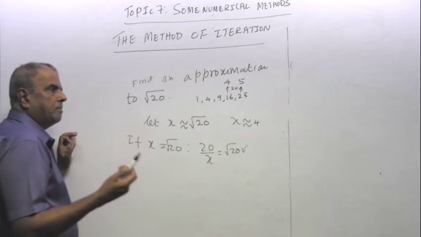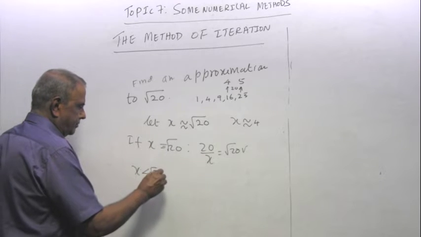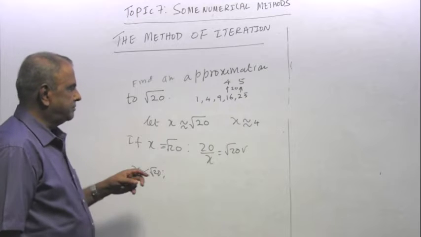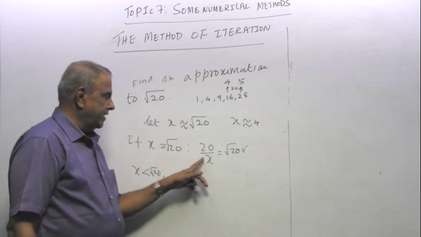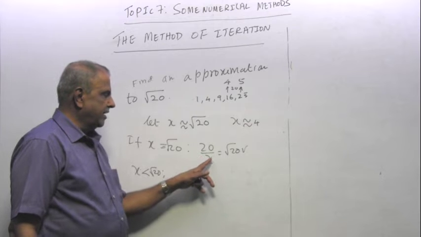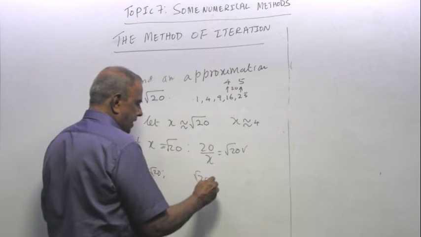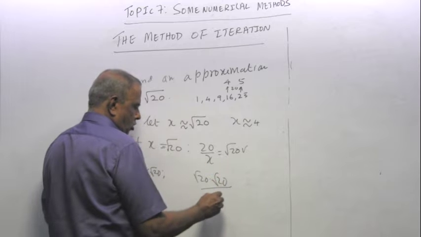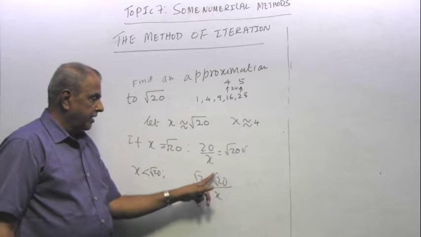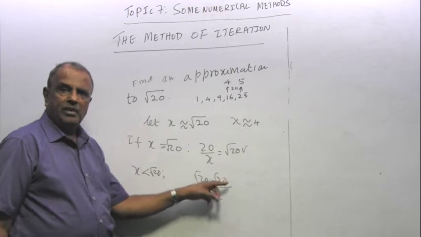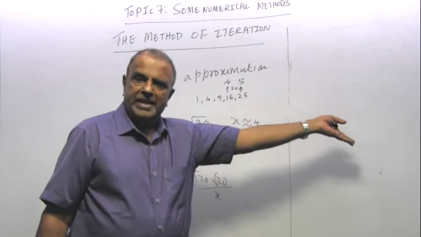If x is less than root 20, then 20 over x is actually root 20 times root 20 over x, and since x is less than root 20, this is more than 1, so the answer is more than root 20.